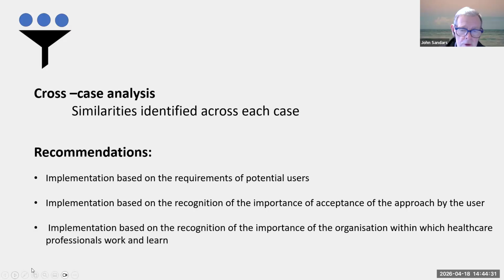They preferred to use email or telephone to contact each other. But also, the organisation needed to give people time to actually engage in this activity, to share and to learn from each other. And people found that difficult to do. So I was able to identify these important recommendations.